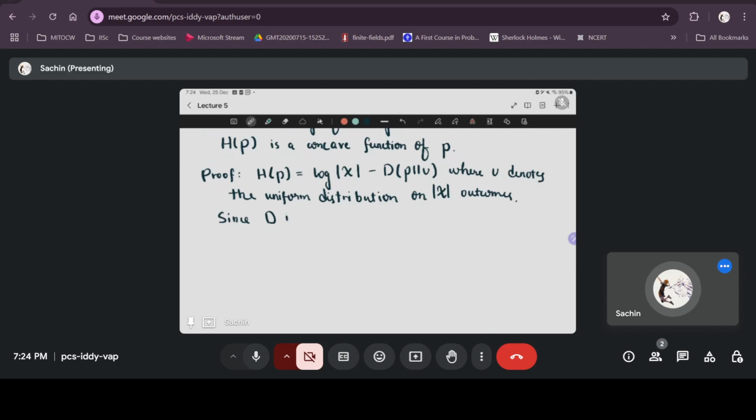Since d is convex, which we saw just 2 minutes ago, H is concave, because if d is convex, minus d is concave. So this part is a concave function. This is a constant function. So you add a constant function, you don't change the concavity or convexity. That's why log mod x minus d of P parallel U is concave. It follows directly from the convexity of d.